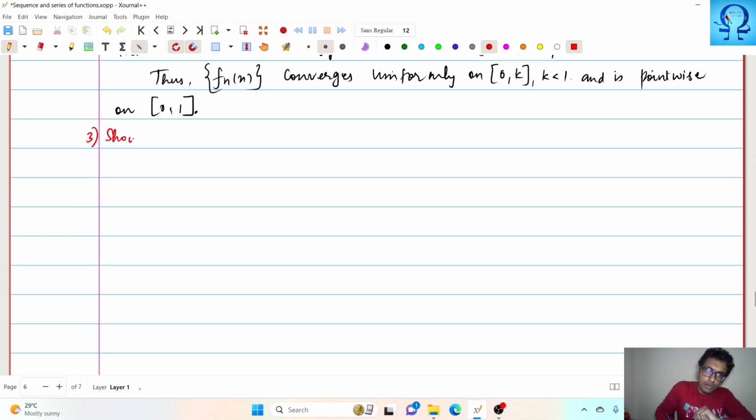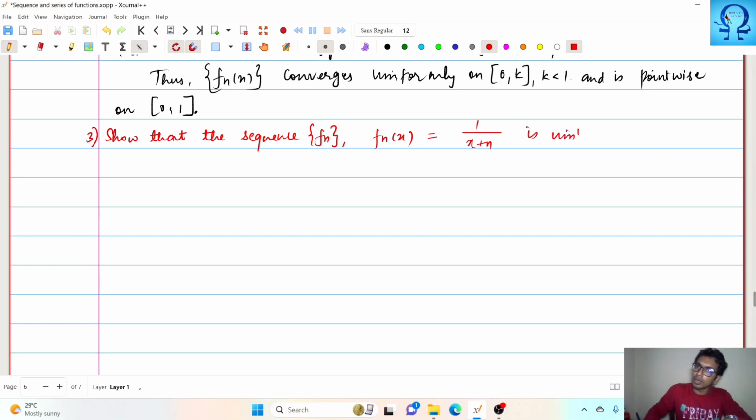We are about to show that the sequence Fn, where Fn of x is defined as 1 upon x plus n, is uniformly convergent in any interval 0, b, where this b is positive, real.